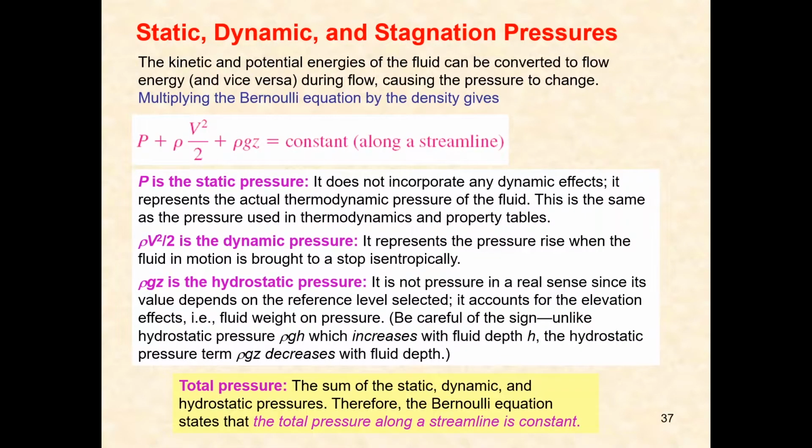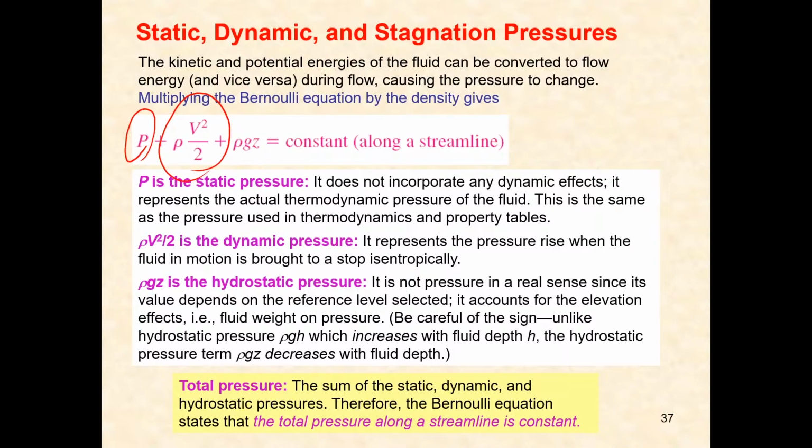This slide shows the difference between three types of pressure: static, dynamic, and stagnation pressures. The first term here is the static pressure, which does not incorporate dynamic effects due to motion. The second term is the dynamic pressure.